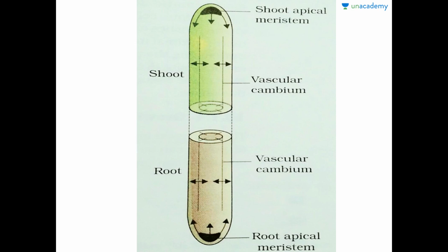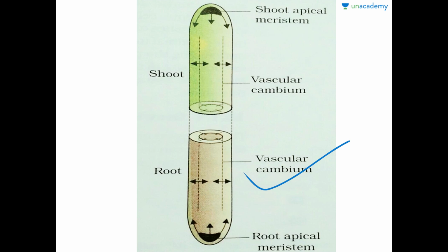Now, this is a picture that I have picked up from your NCERT book. You can see this is the root apical meristem of the root. Here the root grows positively geotropically, that is towards the soil, and away from phototropism, or away from the sunlight, and this helps in growth.